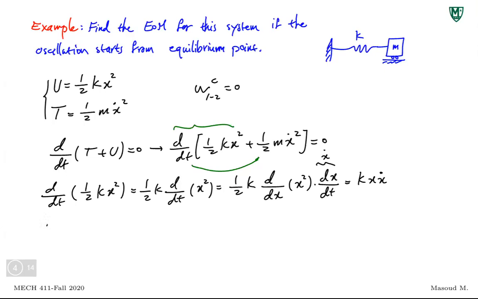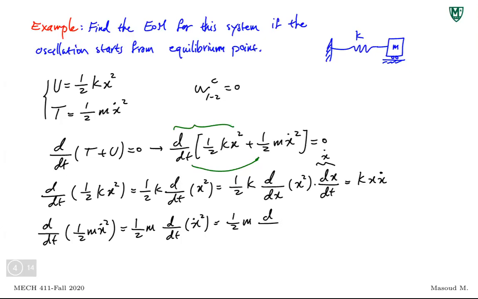I'll do the second one. d dt of 1 over 2 m x dot squared. Follow the same process. 1 over 2 m is just a constant, I take it out. Now d dt, now I have x dot squared. My process is still the same. I use the chain rule.